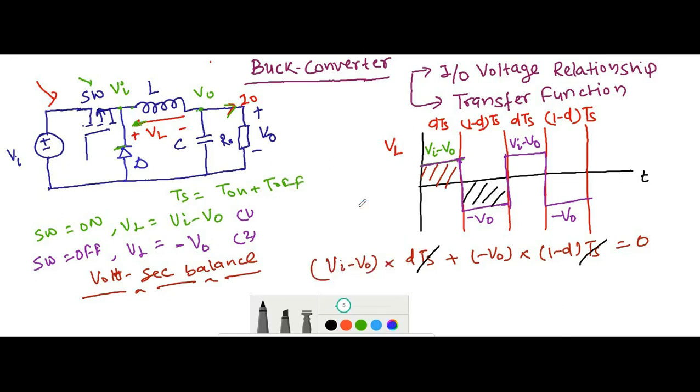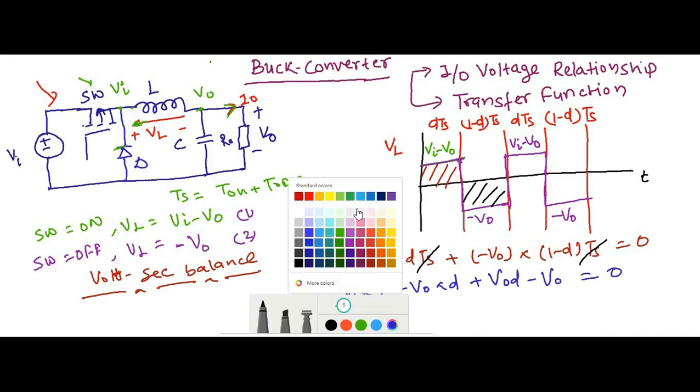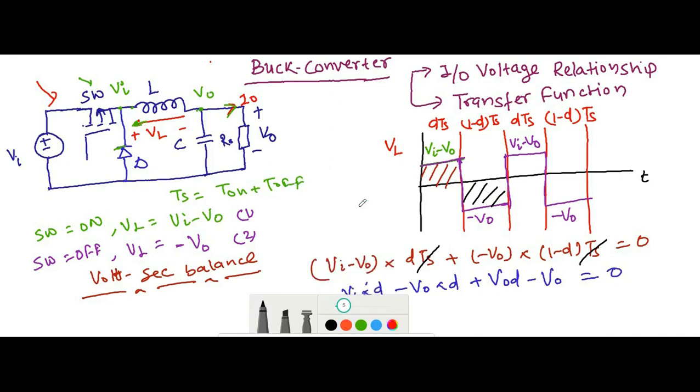So now you have Vi into d minus V naught into d, plus V naught into d minus V naught, equals 0. The plus V naught into d and minus V naught into d cancel again.